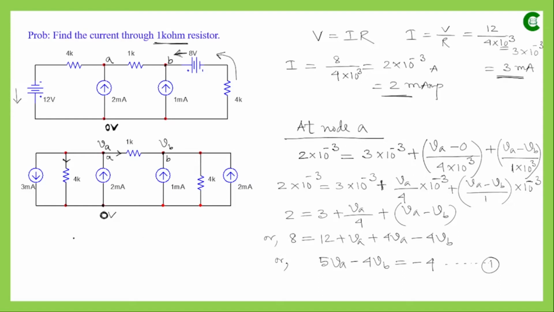So what we will write is, at node B, if we apply KCL, then this is our incoming current. So we will write that incoming current value, that is 1, and this is incoming current, that is 2. So 1 plus 2 is the summation of incoming currents, and that will be equal to the summation of the outgoing currents.